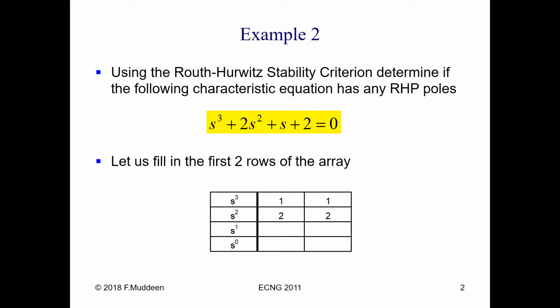Because the highest power of S here is going to be S cubed, we take the odd powers of S and we watch the coefficients accordingly. So S cubed, the coefficient here is 1. S to the power 1 here, the coefficient is 1 as well. And then we start on the next row with the S squared terms being the even power terms. So the coefficient of S squared here is 2 and the coefficient of S to the power 0 here is 2 accordingly.